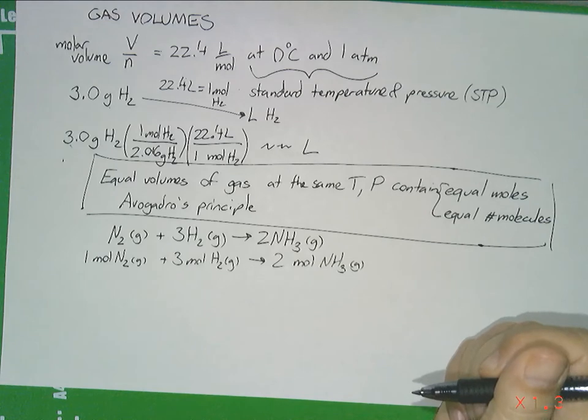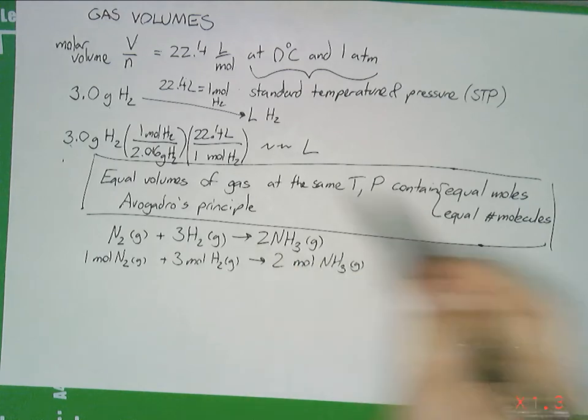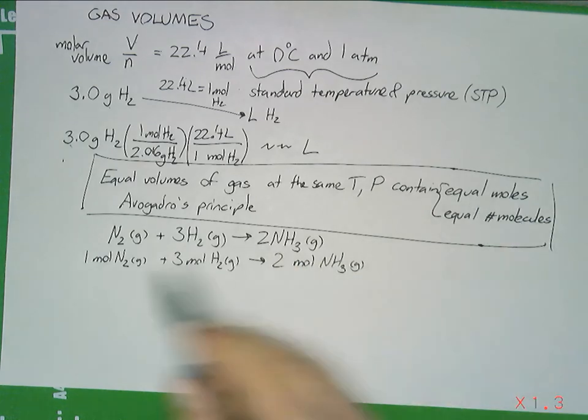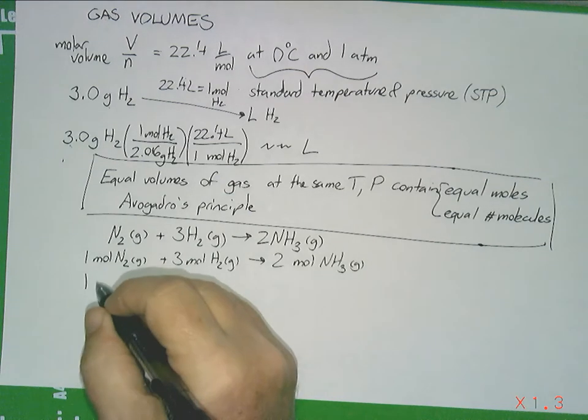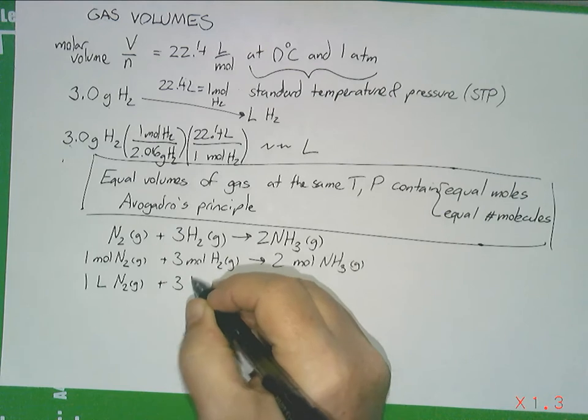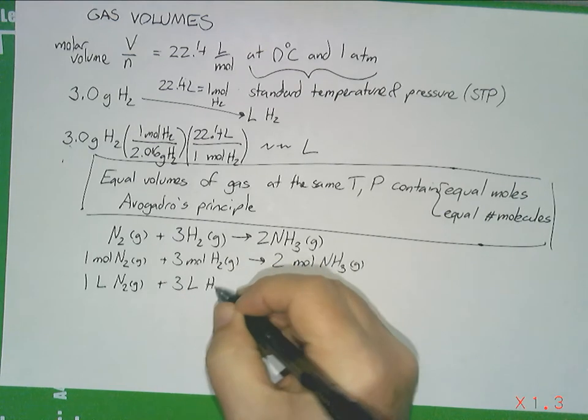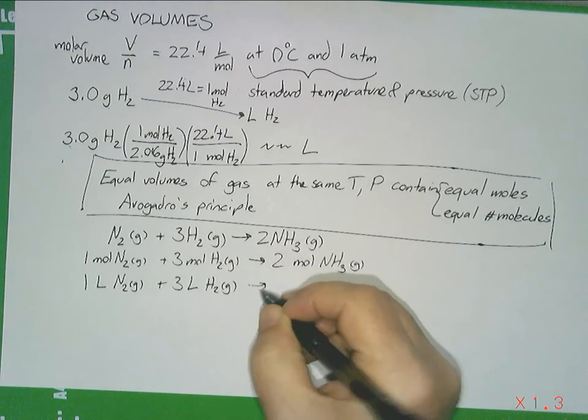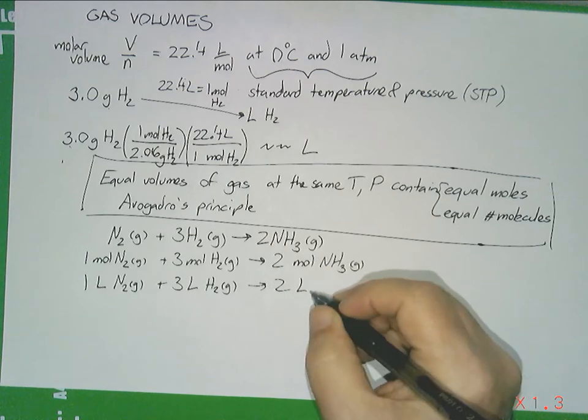But I can also use it for liters. If equal volumes of gas contain equal moles, I could say 1 liter of N2 gas plus 3 liters of H2 gas gives me 2 liters of NH3.